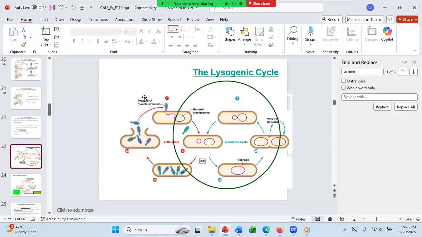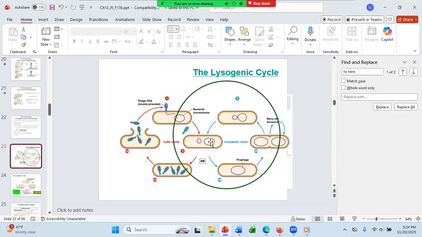So immediately when a lysogenic virus attaches to the host cell, once the genome is injected into the host cell, it has to decide: should it enter the lytic life cycle, in which case it goes through the lytic life cycle we just discussed, or should it enter the lysogenic life cycle?